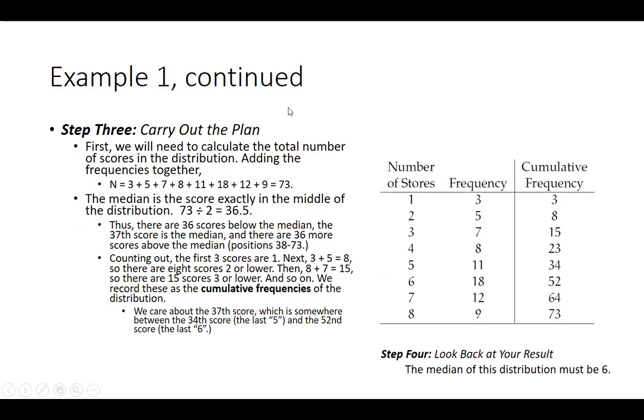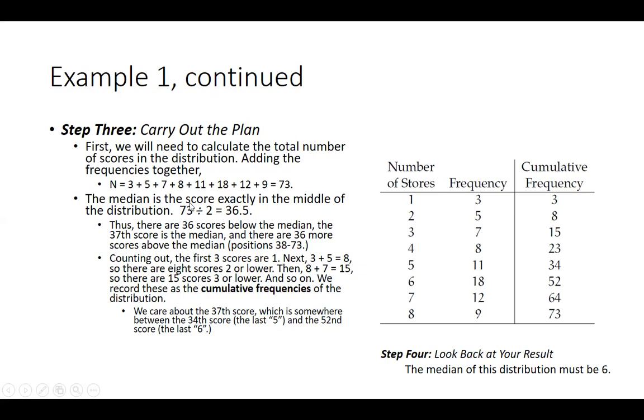So step 3, let's carry out the plan. First, we will need to calculate the total number of scores in the distribution. Adding the frequencies together, we're adding 3, 5, 7, 8, 11, 18, 12, and 9. That would be 73.